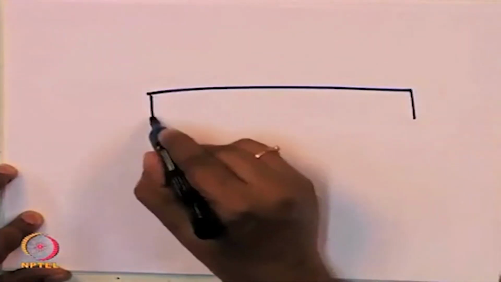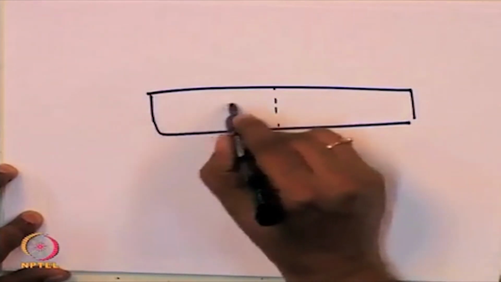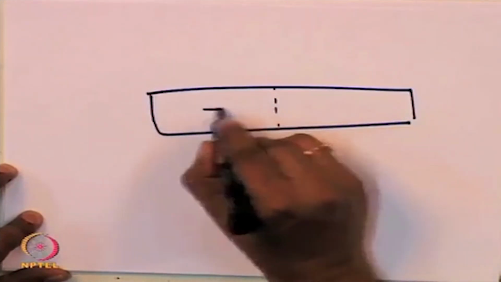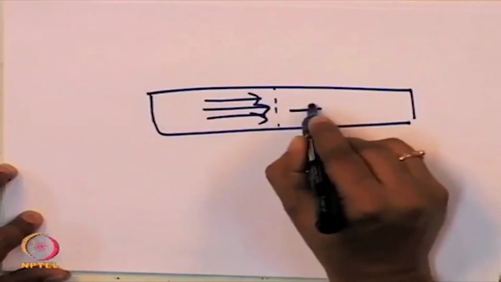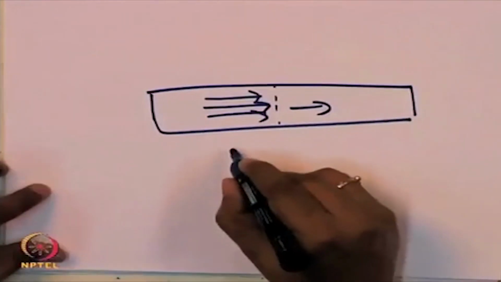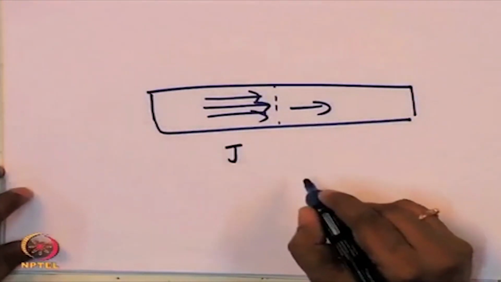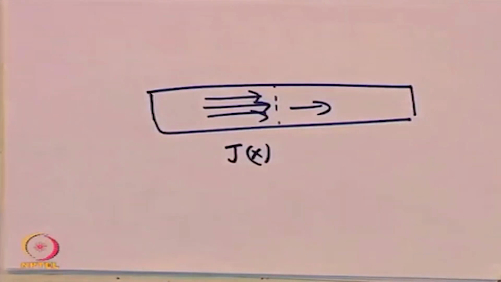So, let us have a look at the container again. Let us say you have a pipe where things flow, and if you look at this particular point, there should be more flow here and less flow from here. That means J should change along x.